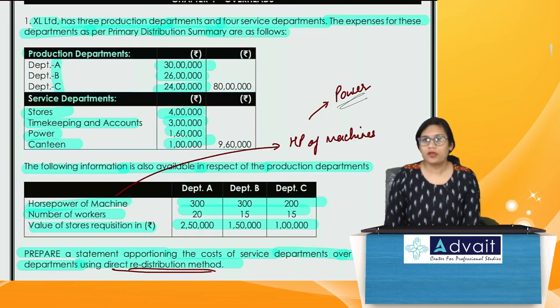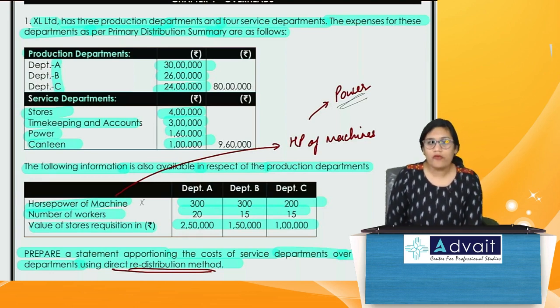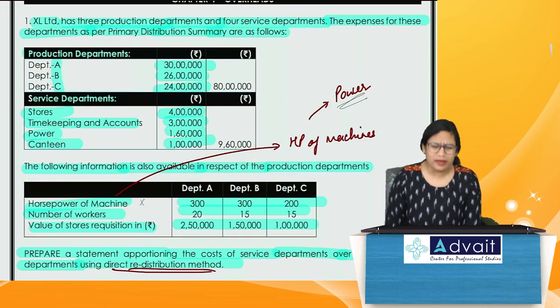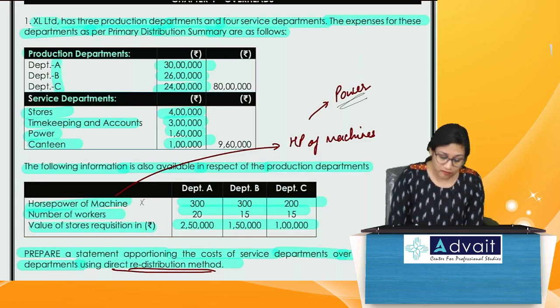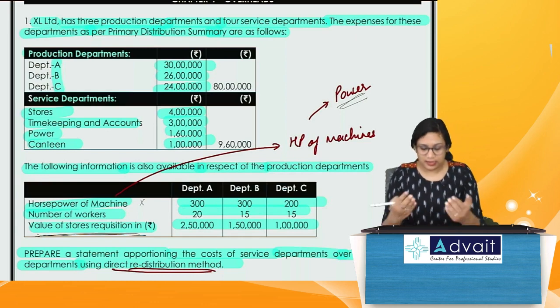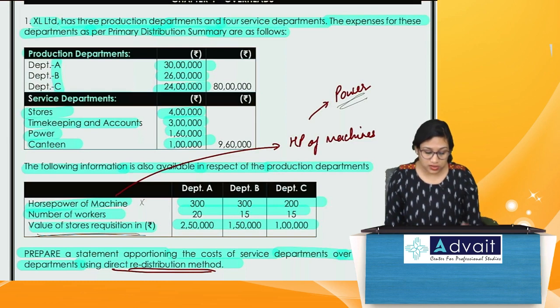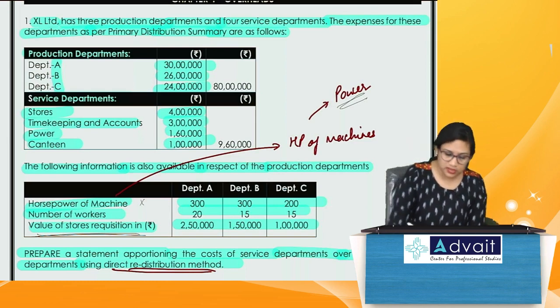So for stores, 4 lakh, power cannot be used. Number of workers, maybe. But let's see if there is something else. Value of stores requisition. Clearly this is a ratio which relates to the stores overhead of 4 lakhs. So we will use this ratio, which is value of stores requisition.